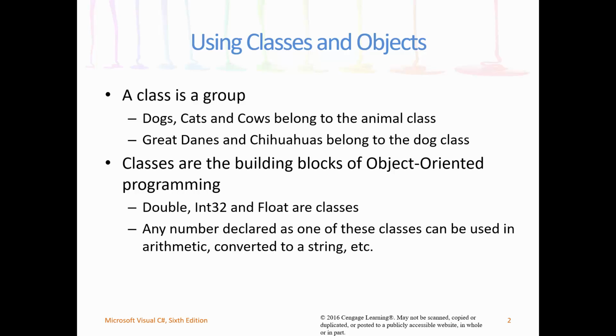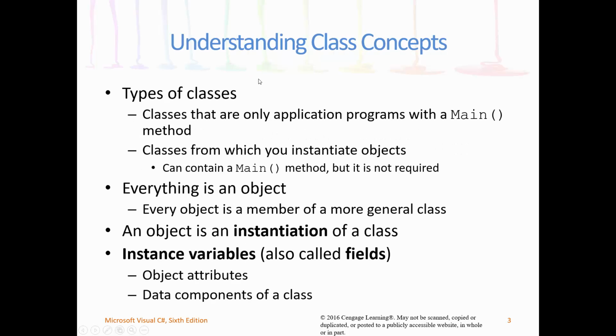So we've already been using some classes, whether you realize it or not. And as the author mentions here, double, int32, float, etc. are classes. So any number declared as one of these classes can be used for different operations. There's different types of classes.